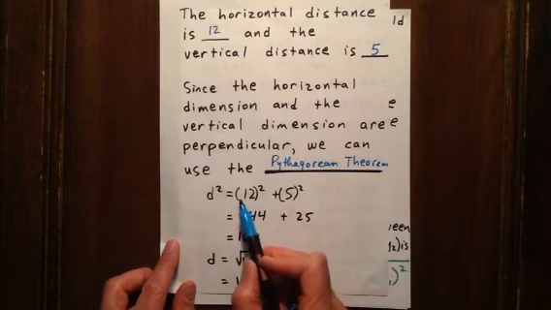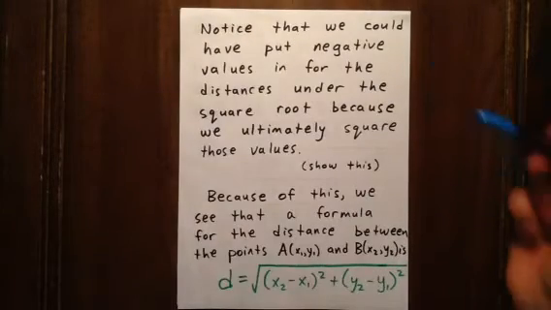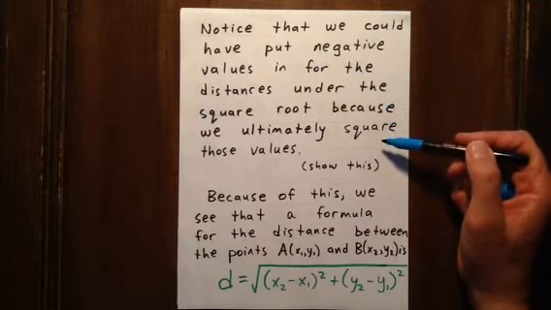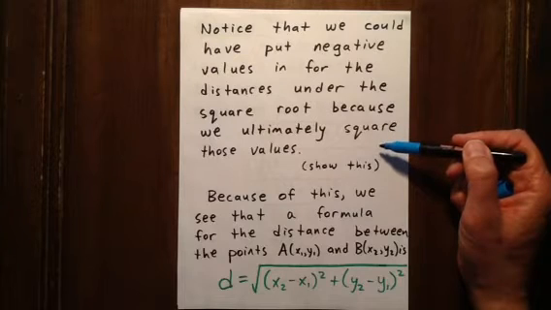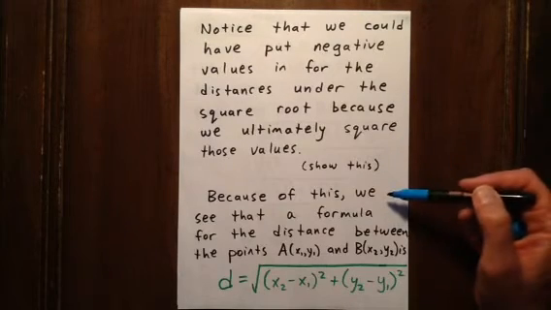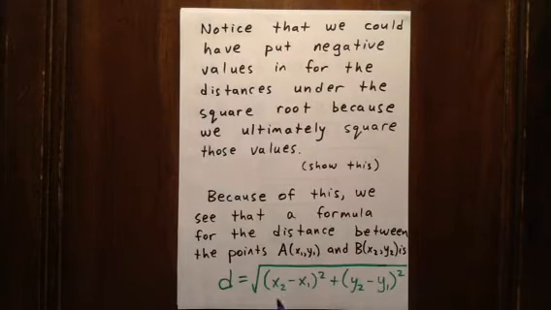And so in other words, this number here inside the bracket could be negative or positive, and ultimately, since we're squaring those values, we don't ruin our answer. Because of that property, we can subtract x2 minus x1, and whether it's positive or negative won't matter because we're going to ultimately be squaring it.